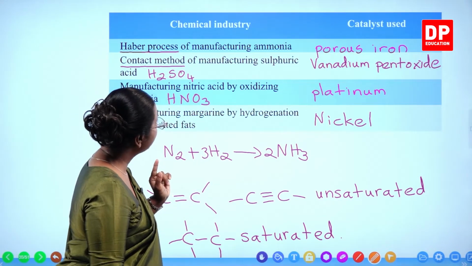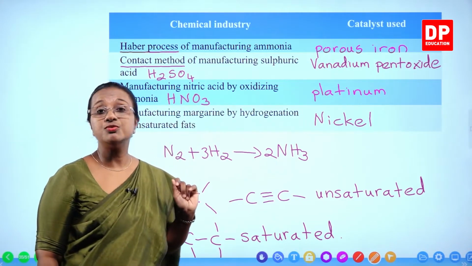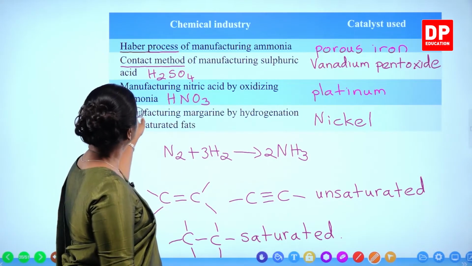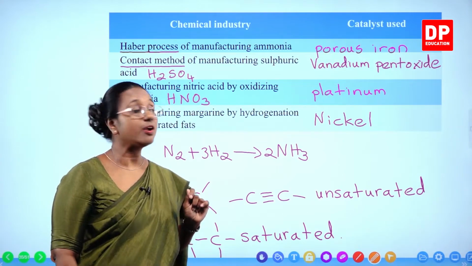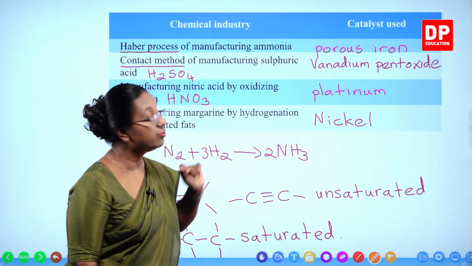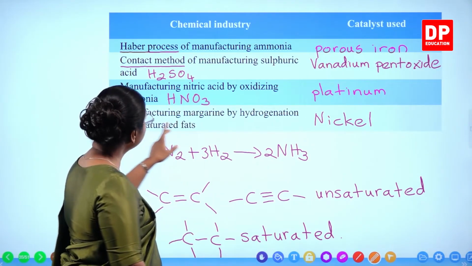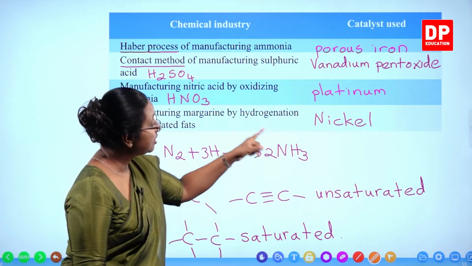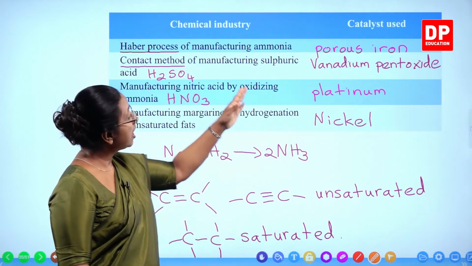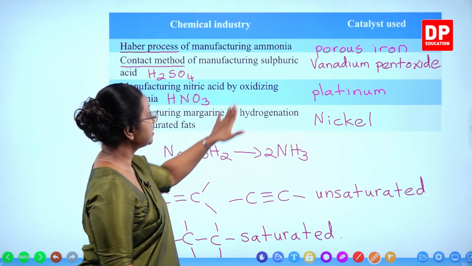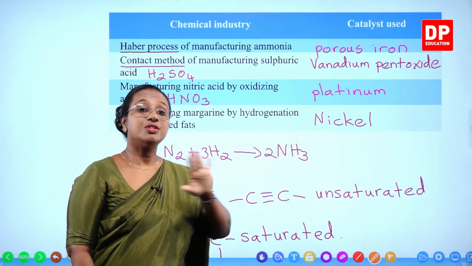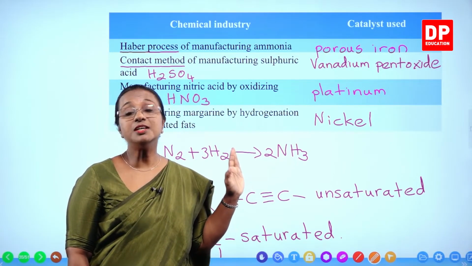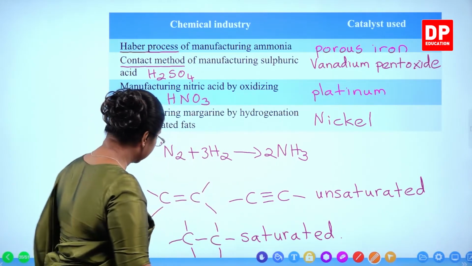In the contact method of manufacturing sulfuric acid, we use vanadium pentoxide. When manufacturing nitric acid by oxidizing ammonia, we use platinum. And manufacturing margarine by hydrogenation of unsaturated fats, we use nickel. So there you can see different processes, different catalysts. So the catalyst is specific for the reaction. Can you all understand that?